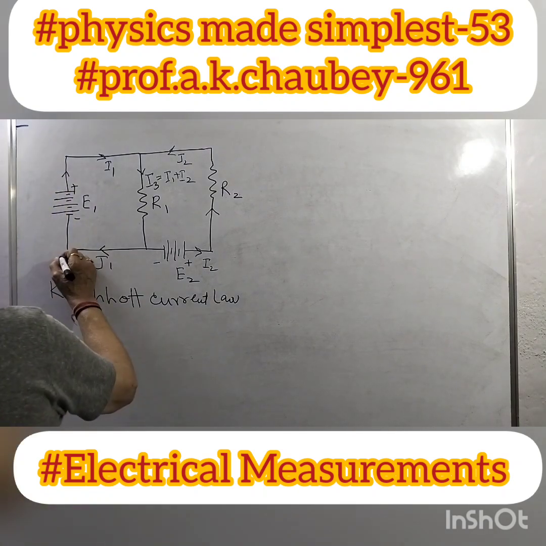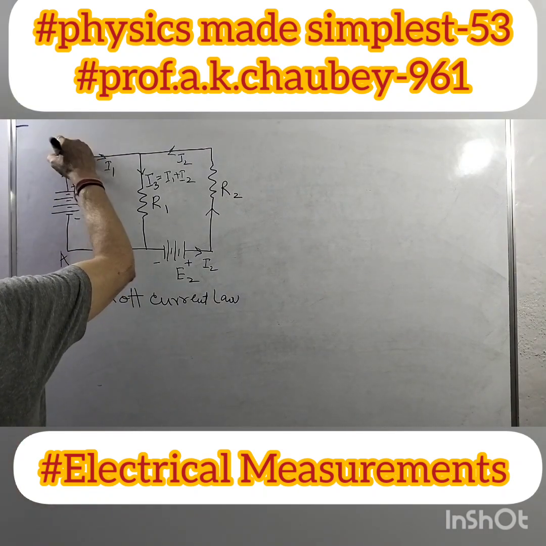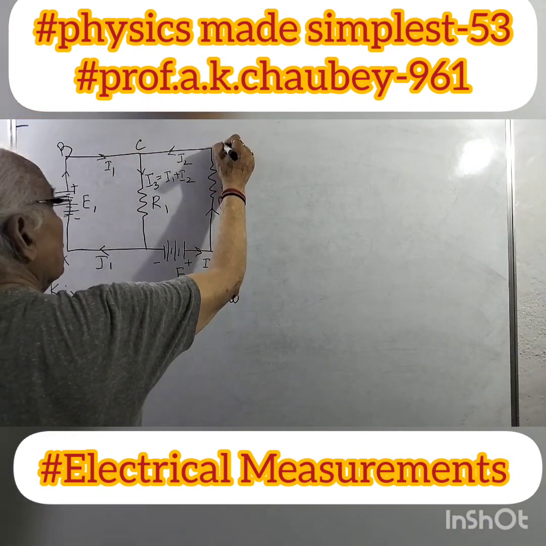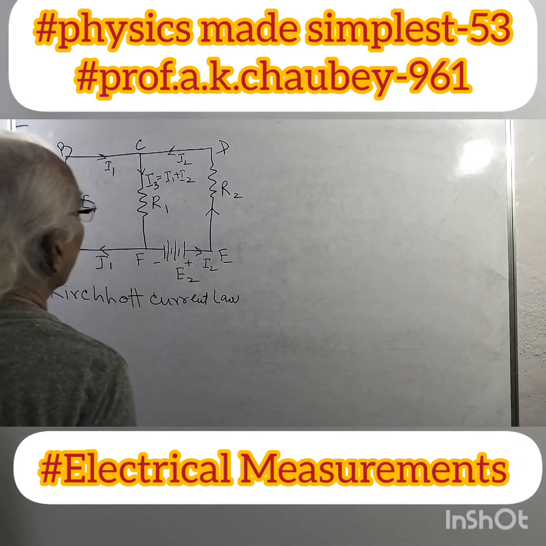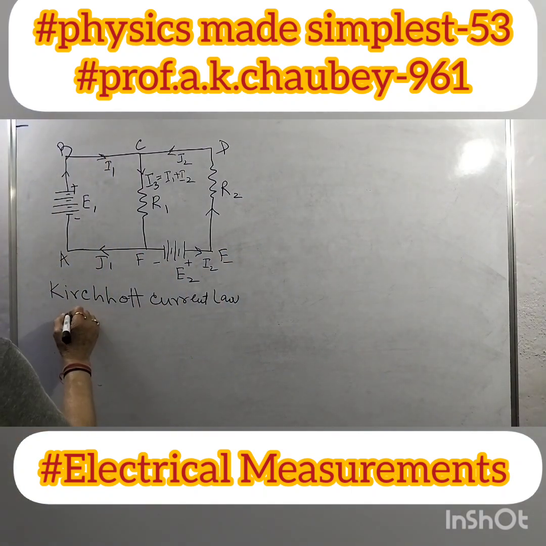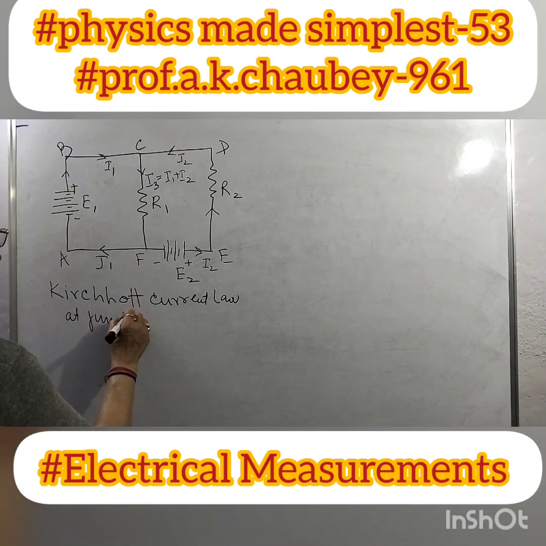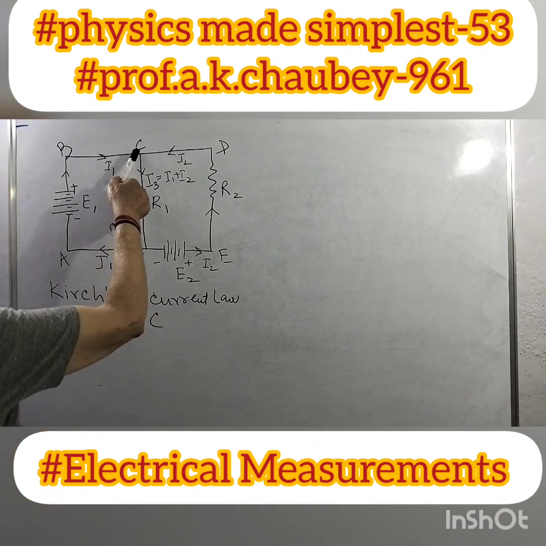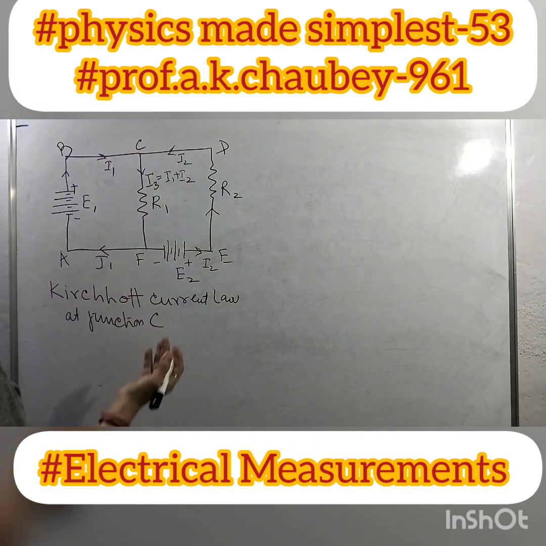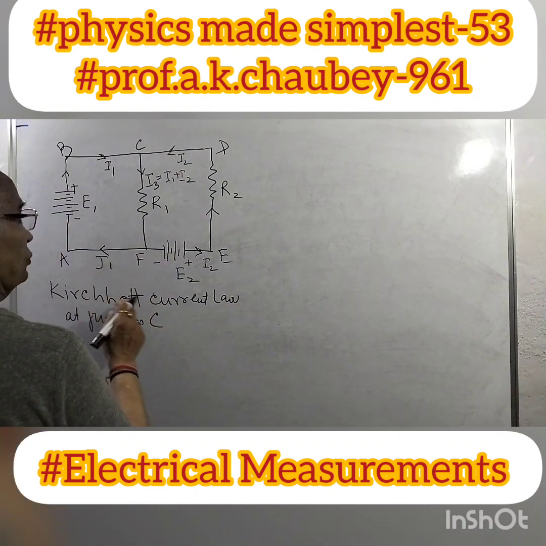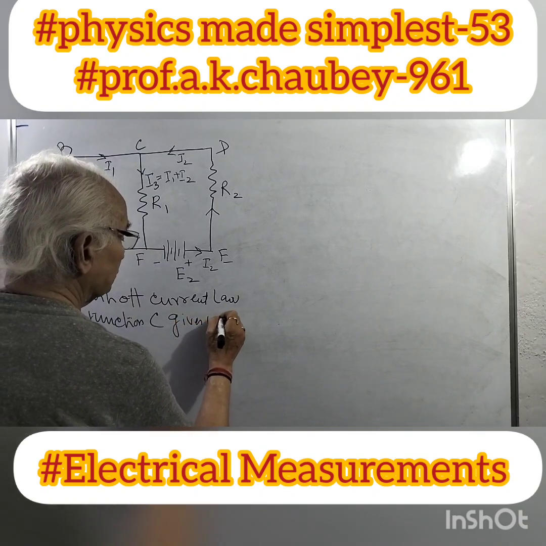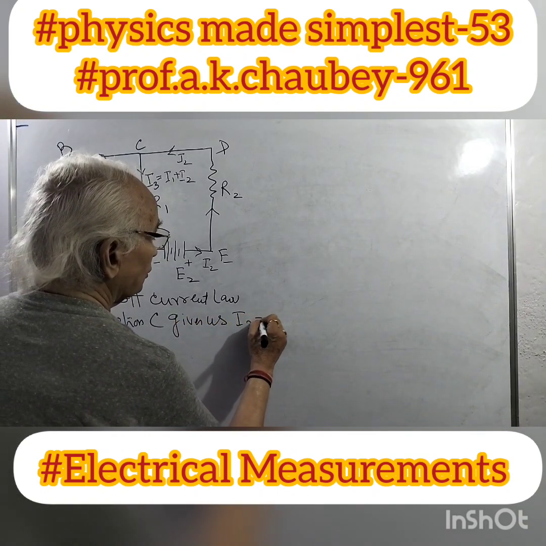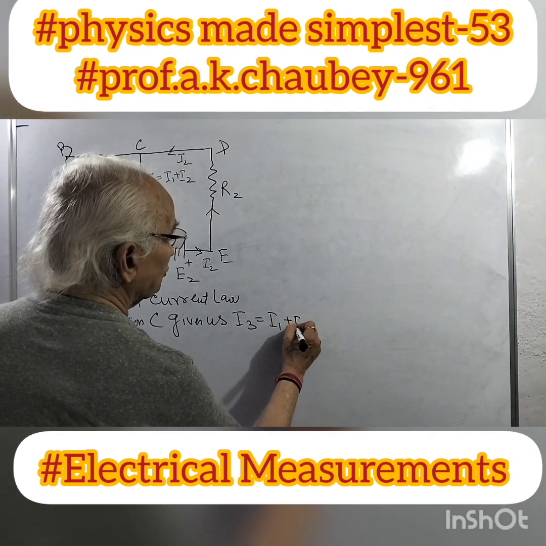Say this is A, B, C, and D, E, and F. So Kirchhoff current law at junction C: current approaching and current leaving must be on opposite sides. It gives us I3 equal to I1 plus I2.